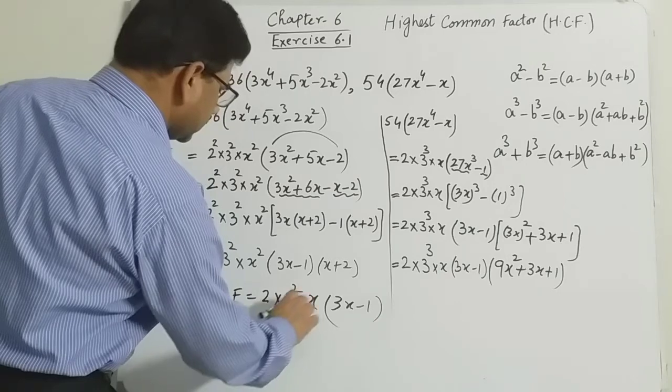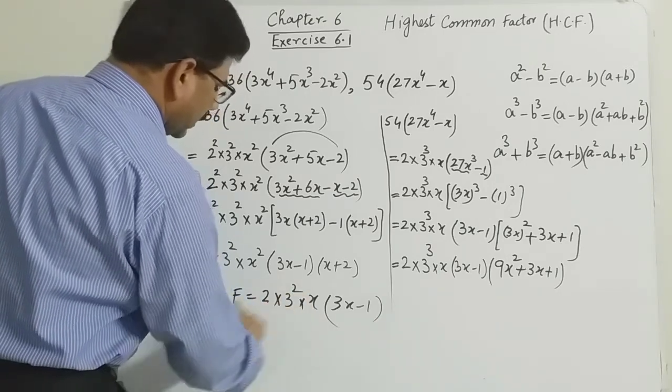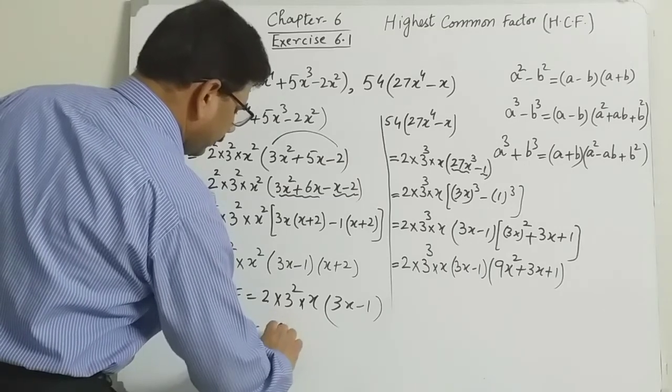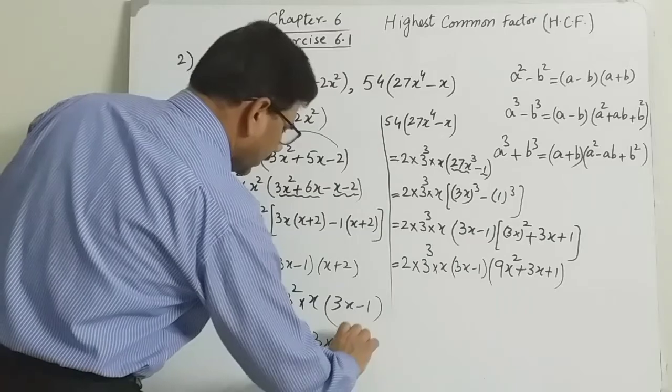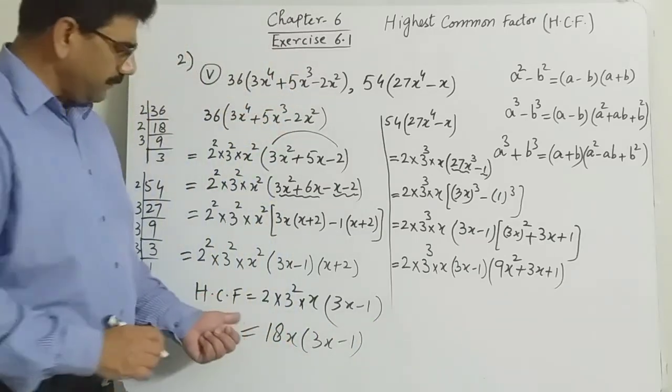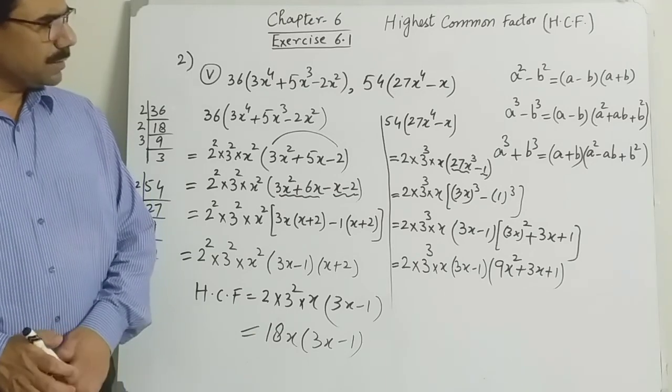We will simplify this expression. 2 multiplied by 3 square will be 2 multiplied by 9, which is equal to 18. x will be written as it is, and we'll have 3x minus 1. So the HCF will be equal to 18x multiplied by 3x minus 1.